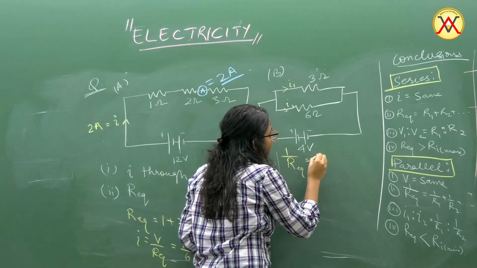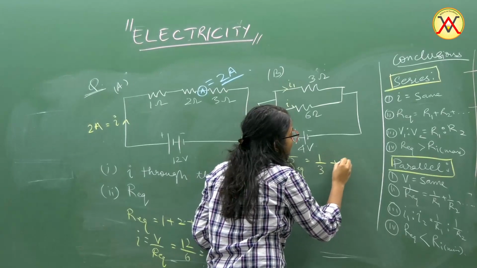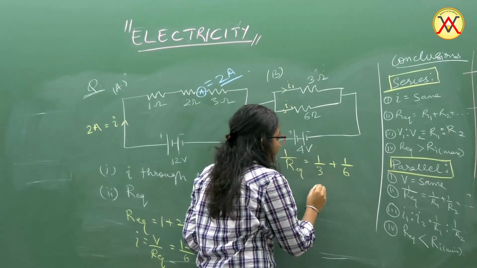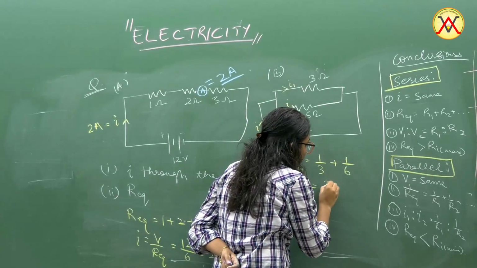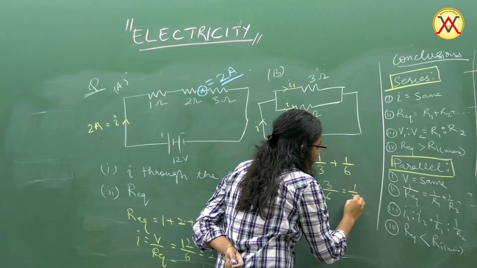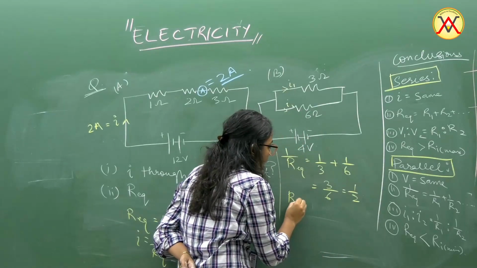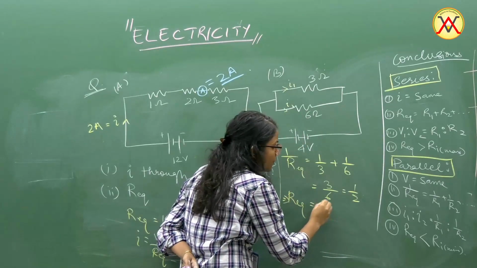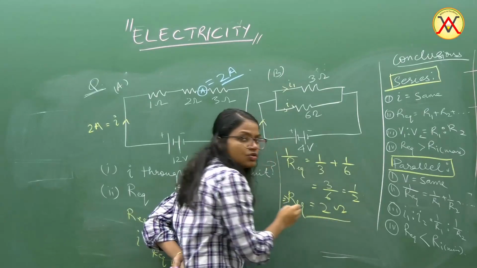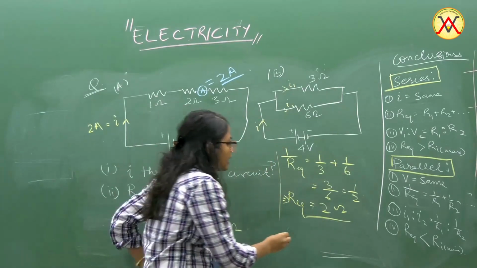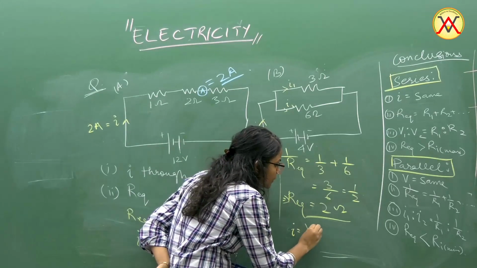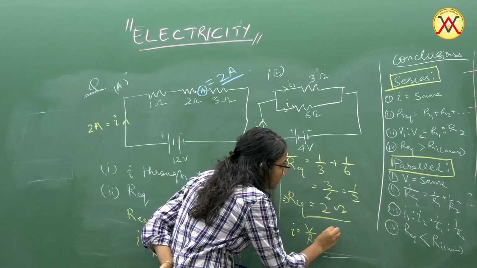1 upon R equivalent equals 1 upon R1 plus 1 upon R2, so R equivalent is equal to 2 ohm. If R equivalent is equal to 2 ohm, then the total current would be V upon R equivalent.